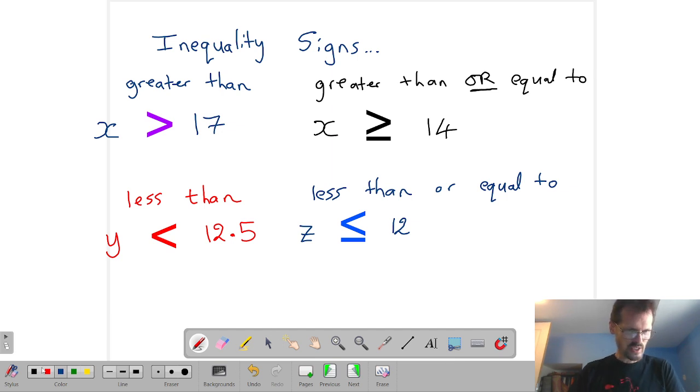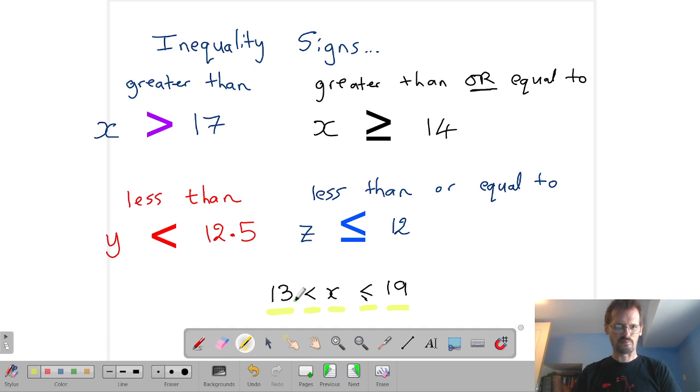Now sometimes they'll come in pairs, where you get something like this. Again, reading from left to right, we're going to say 13 is less than X, and at the same time, X is less than or equal to 19.